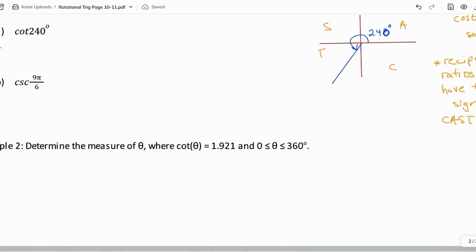As a result, cotangent will be positive as well. Does that make sense? So I know it's going to be positive. Now I need to find the ratio piece, and I do that using the special triangles. So what do I need to know? The RAA.